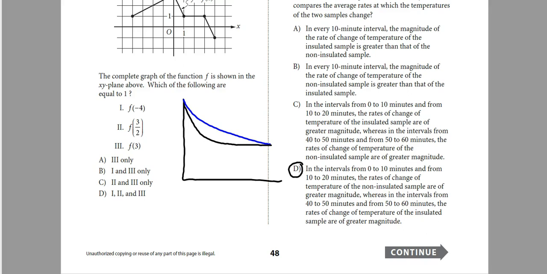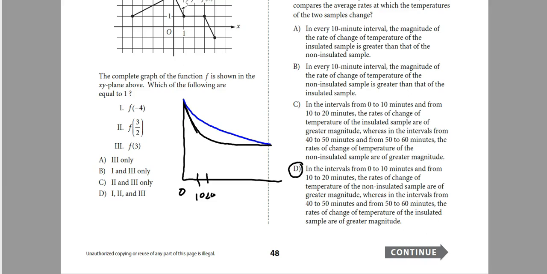The correct answer here is D, because from 0 to 10 minutes, and 10 to 20 as well, the rates of change of the non-insulated cup are of greater magnitude. That drop is much steeper.